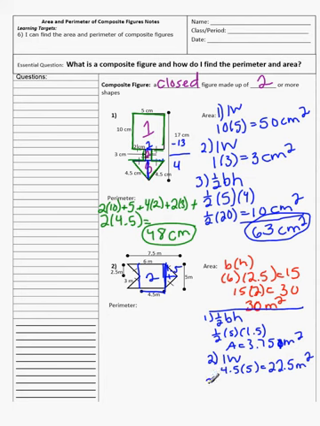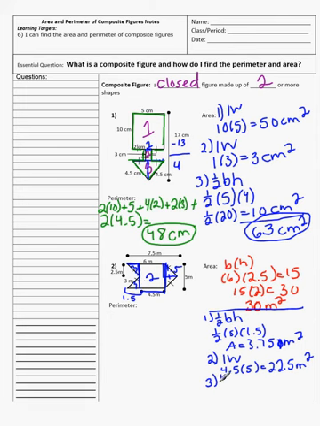Now the third one we have is going to be this triangle. Now you notice that these triangles have the same measure, so they will have the exact same area. So we know that the height is 2.5, and the base, well, if we know this is 4.5 and the whole thing is 6, then this must be 1.5, because 6 minus 4.5 is 1.5.